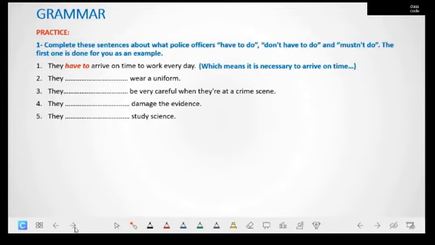I think must, you can find it more in the written form, whereas have to, you can find it more when it comes to speaking. But I don't think that must is more British and have to is more American. I disagree. I think must, you can find it in the written form, whereas have to, you can find it more when it comes to speaking.